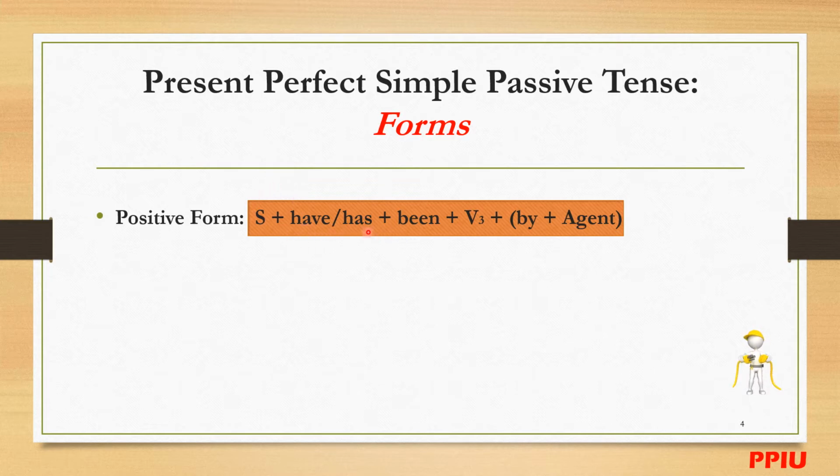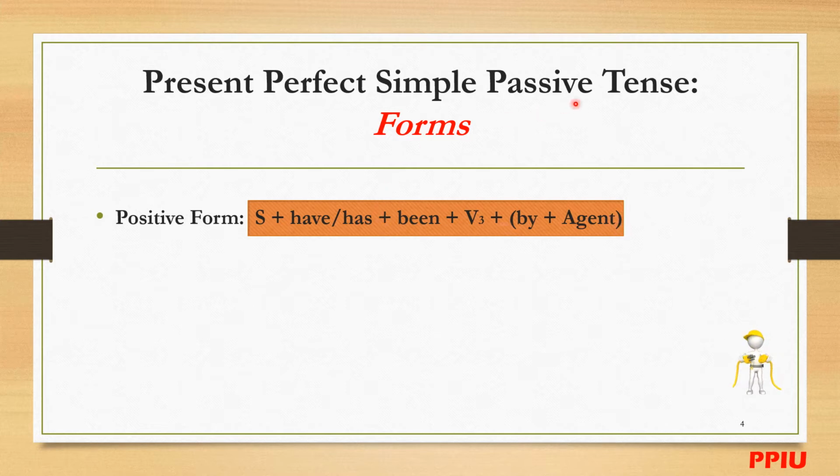So have or has here, everyone should know that he, she, it is used with has, and you, we, they are used with have, right? And plus been, plus verb 3, or you can call it past participle, plus by, plus agent. So here we do not use an object, but we just use agent.